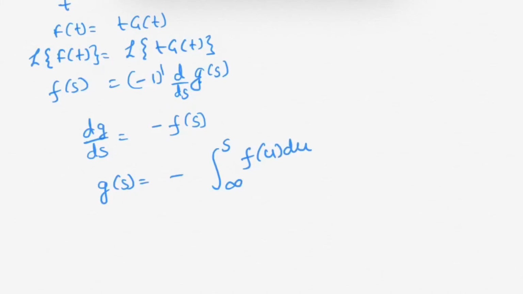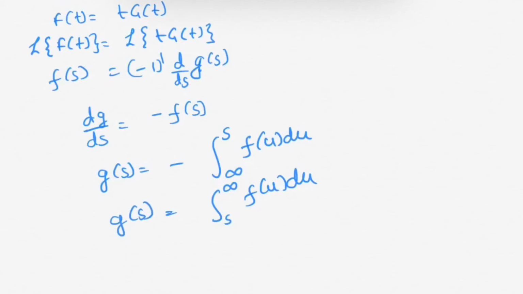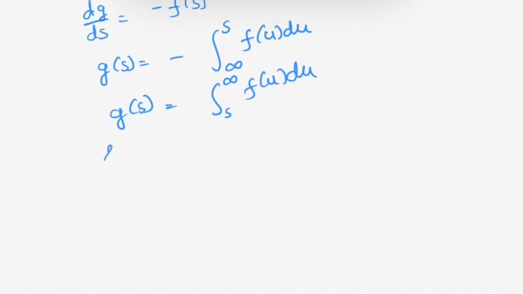When you change the order of the limits, this minus sign gets absorbed, so we get the integration from s to infinity of F(u) du, and this equals G(s). This G(s) is the Laplace transform of g(t), so it equals the integration from s to infinity of F(u) du.